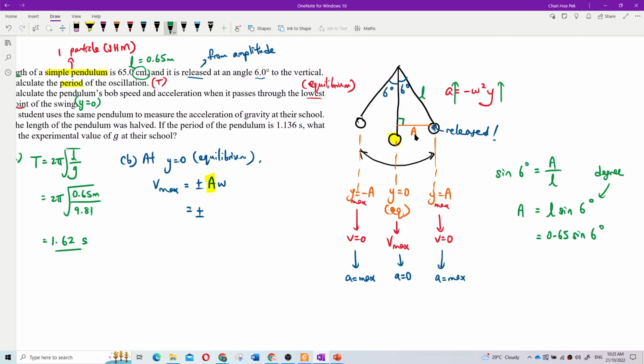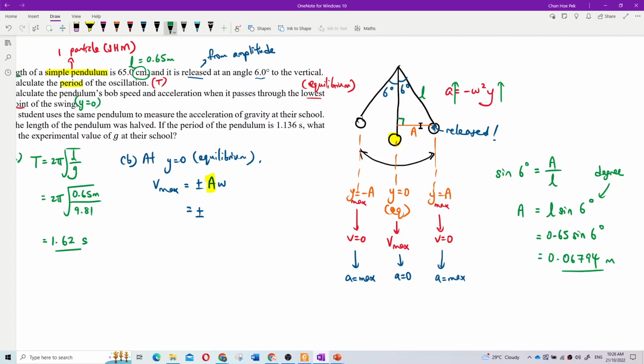So this is a good question. He somehow needs you to find the amplitude yourself. Sine 6 degree. So the amplitude is 0.06794 meter, because I already changed to meter.